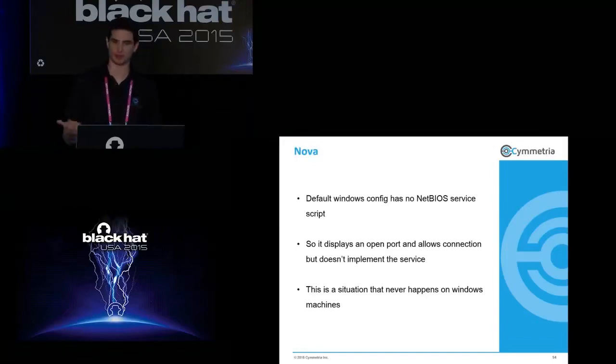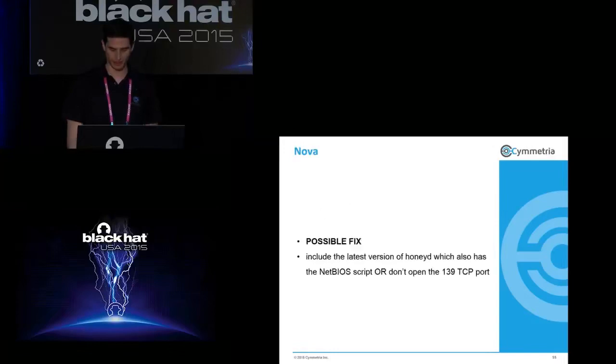So you're connecting to the NetBIOS port, and nothing is interacting with you as soon as you're talking to it. And this is a situation that doesn't ever happen on a Windows machine. It makes it pretty obvious that it's a Nova Windows config template, right? So one of the possible fixes is just implementing that service, or just even closing the port, so people won't figure out that it's a Nova Honeypot.